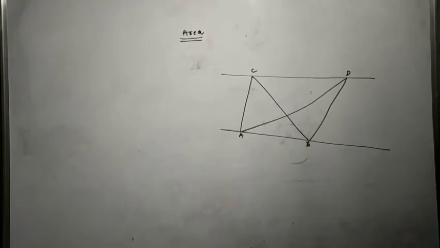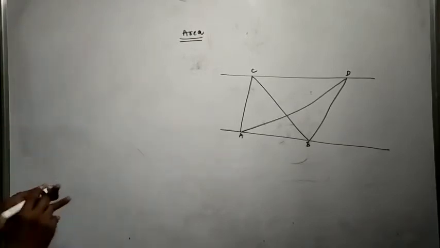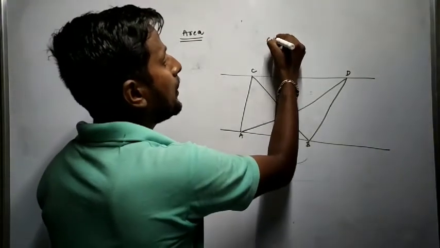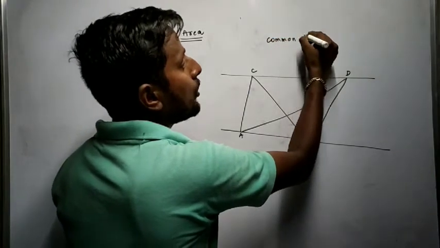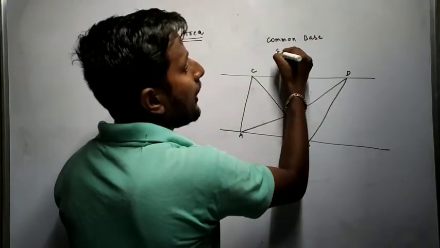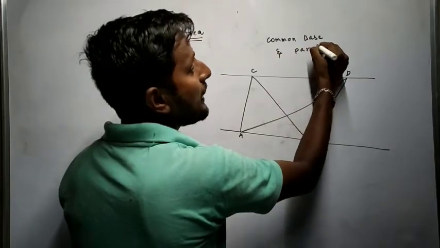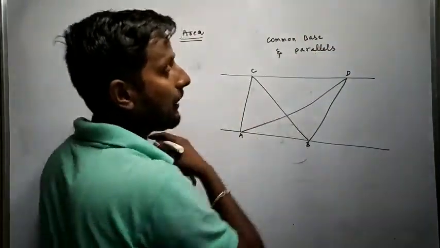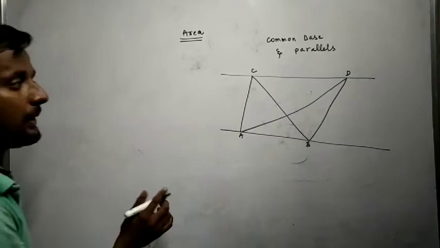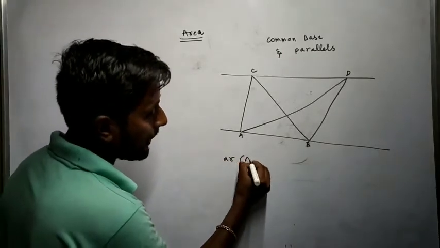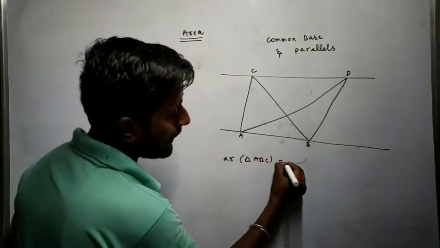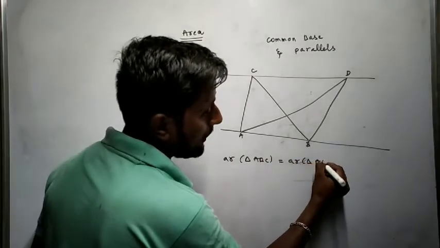Here in both triangles, what happened? Both triangles have a common base, and both triangles lie between the same parallels. So we'll say the area of triangle ABC equals the area of triangle ABD.